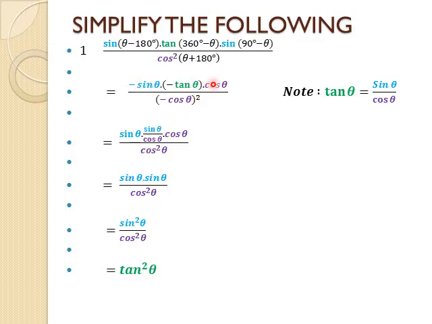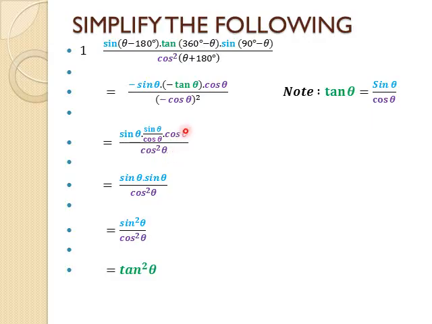As soon as you see sine and cos given with tan, we will always write tan theta as sine theta over cos theta, right? You get 1 mark for doing that. So there I have first got rid of my negatives. Negative times negative is positive there, and negative squared means negative times negative becomes positive. In place of tan, I wrote sine theta over cos theta, times cos theta over cos squared theta.